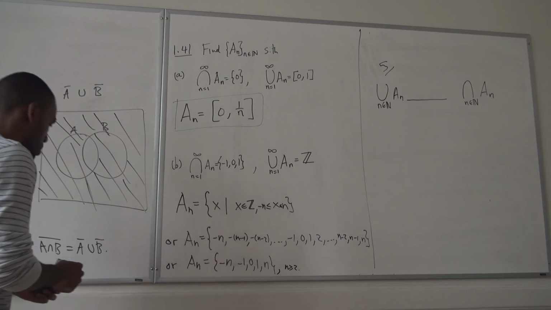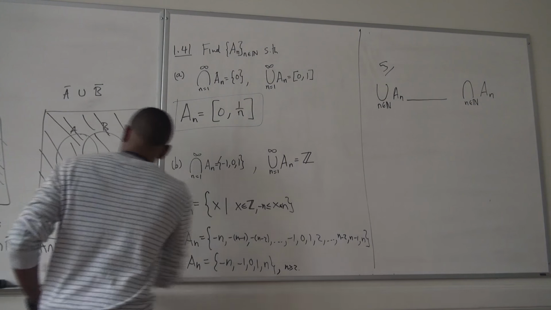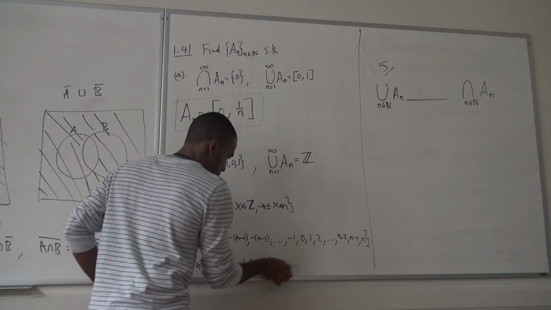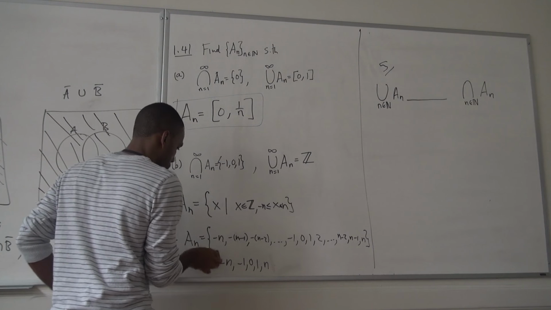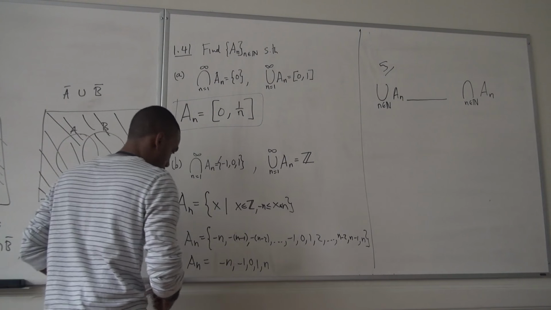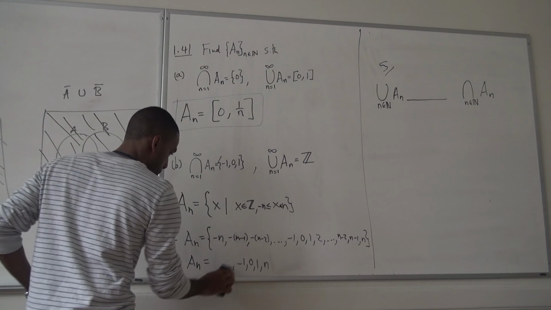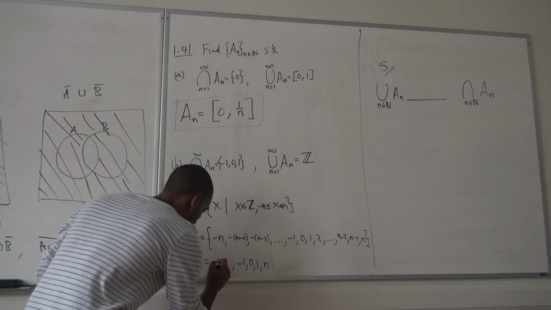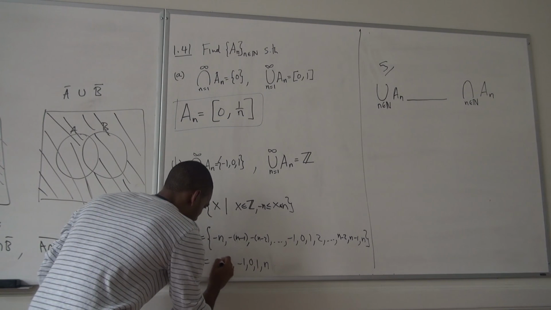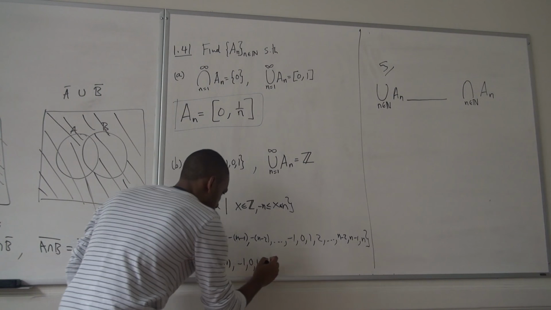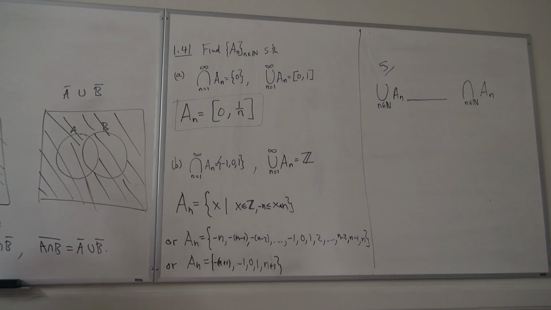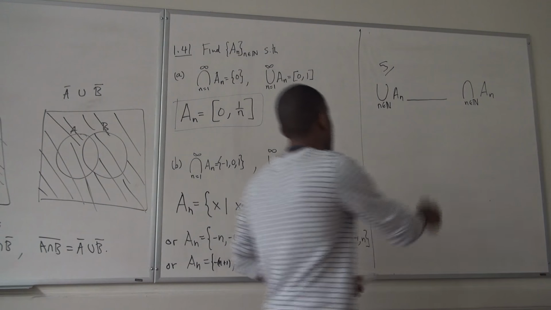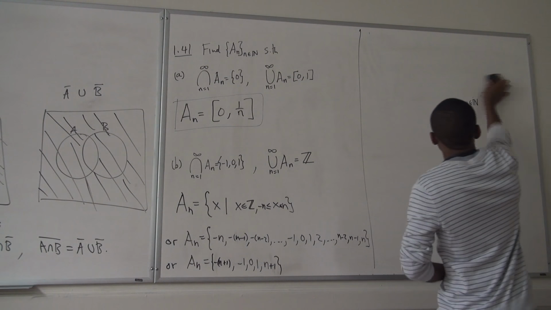You could just make it count plus 1 or something. So in that case, all your sets have 5 elements in them, and their union will actually be the entire set of integers.